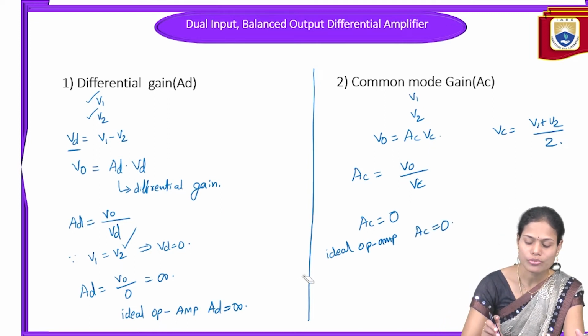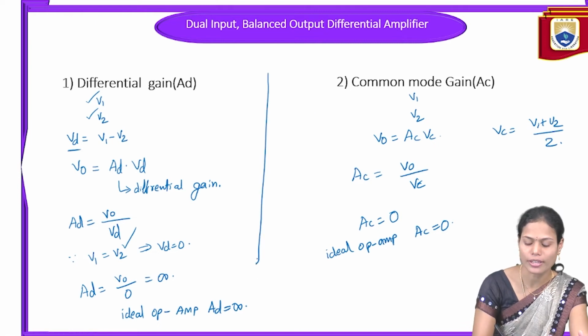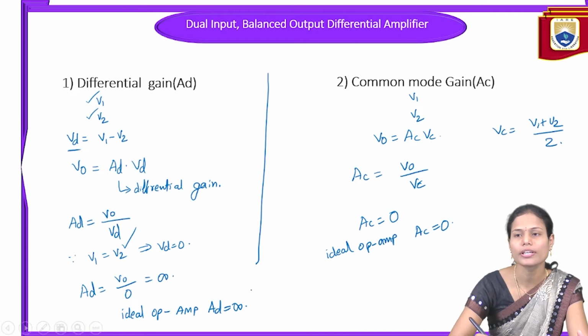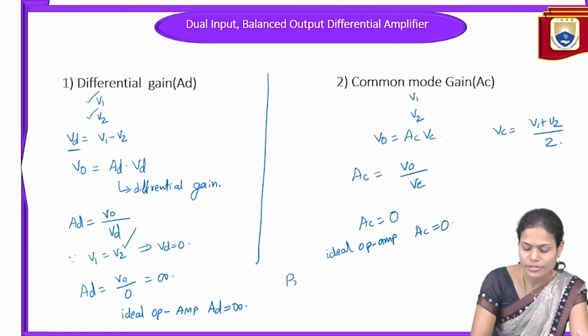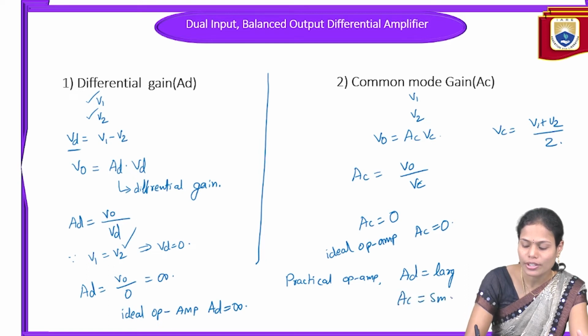So these two values are for the ideal case. In the ideal case, the differential gain is infinity and the common mode gain is 0. But in practical operational amplifiers, if we see the differential gain, we will get a large value, and the common mode gain, we will get a very small value.